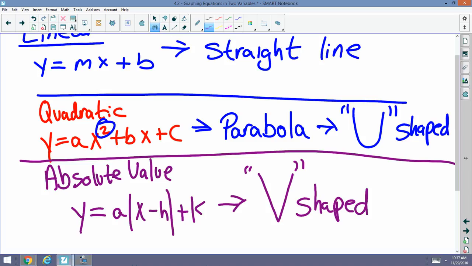The h and the k are just numbers. The h is a number that's being added to the x inside of the absolute value. K is a number that's just being added to the outside of the absolute value. But whenever you have an x inside of an absolute value, you're going to have a V-shaped graph. Always. This does not fail.